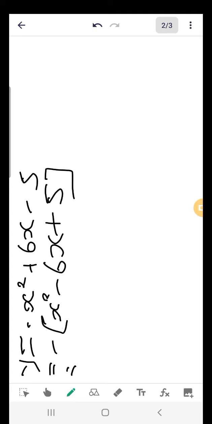Alright, now we're gonna say it's equal to negative into x squared... sorry, I apologize for my bad handwriting.